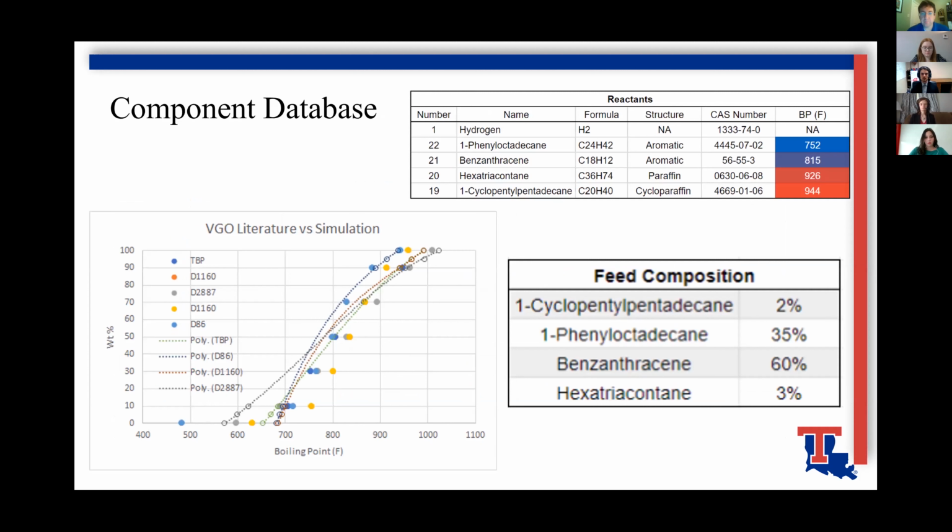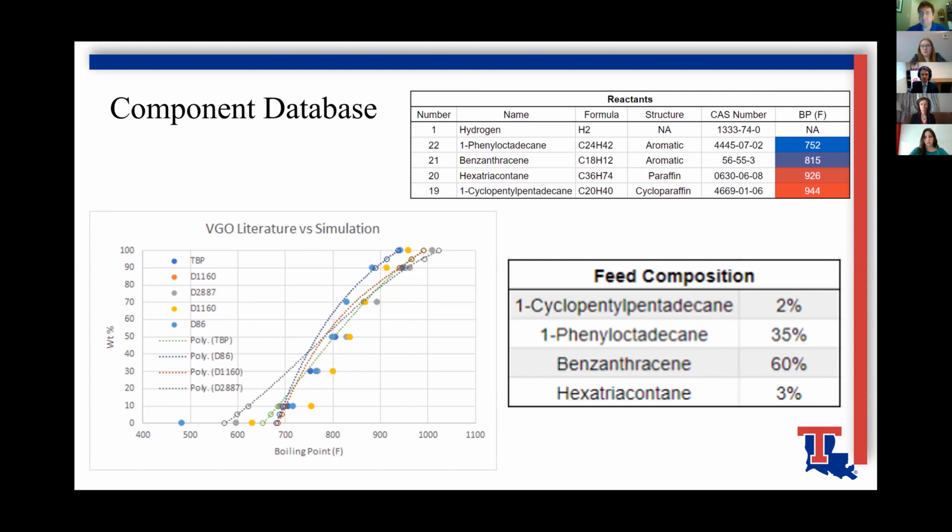So for our component database, this is the slide where I'll be going over our VGO, or our feed. We wanted to focus on the carbon number because this heavily impacts our molecular weight, which we wanted to match with our literature. We also looked at the structure, whether it was a straight chain carbon, a cycloparaffin, or even an aromatic with some double bonds. We looked at the boiling point, and that's, as you can see on the graph, the VGO literature versus simulation.